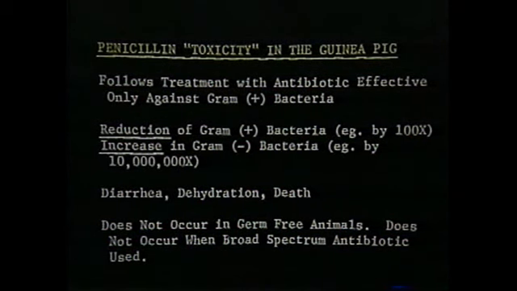The old dogma was that it was primarily due to this massive increase in the number of gram-negative organisms due to the lack of competition with the gram-positives, resulting in diarrhea, dehydration, and death. But in many cases now it's been identified that Clostridium difficile is the causative agent, which eventually results in the demise of these animals that have been given a narrow-spectrum antibiotic that results in a dysbacteriosis and eventual acute diarrhea.